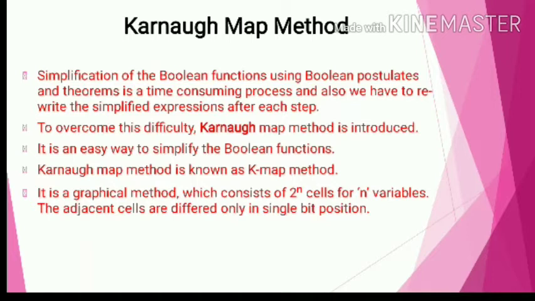Note that the adjacent cells differ only in a single bit position. This is a very important thing in the K-map method. Once again I repeat, the adjacent cells differ only in a single bit position. After simplifying the K-map, we will get the Boolean function in the product of sum form.